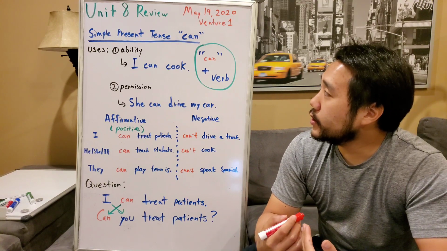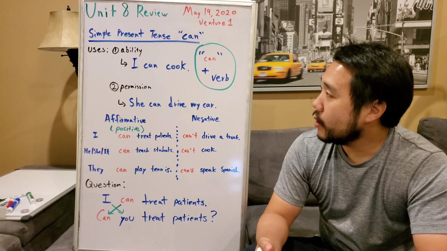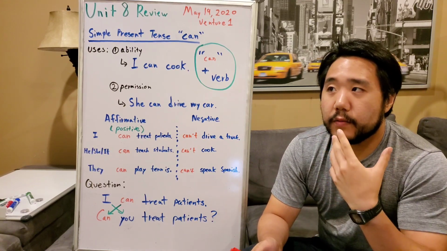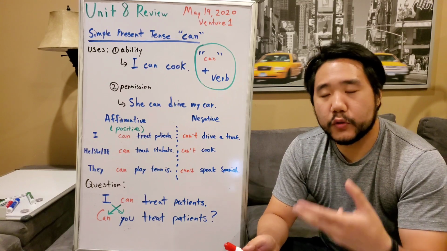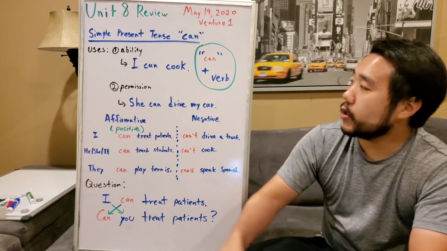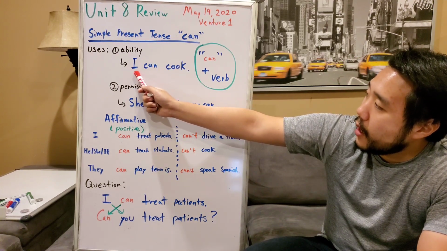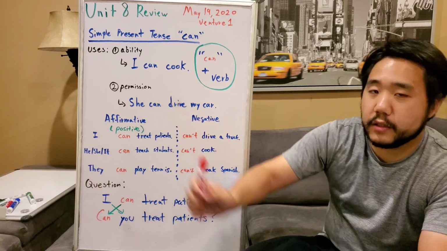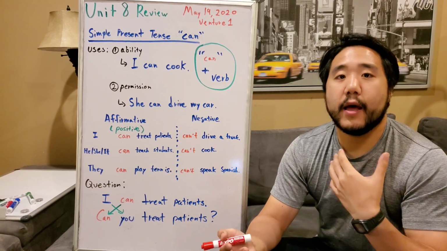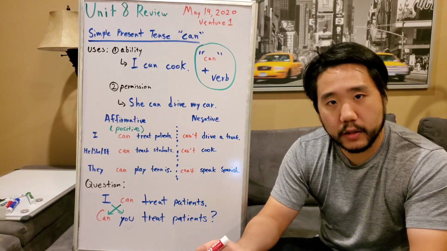So how do we use the word can, right? The first thing is we use the word can to talk about ability. So here I have a sentence and it says, I can cook. That means that I have the ability to cook.